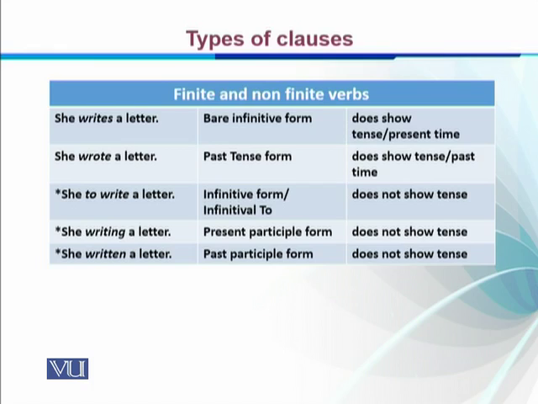So it is used as an adverb as well, but it is not used as a noun. Whereas both to write and writing can be used as noun, verb, adjective, and adverb. In case of a verb, they need some helping verb.